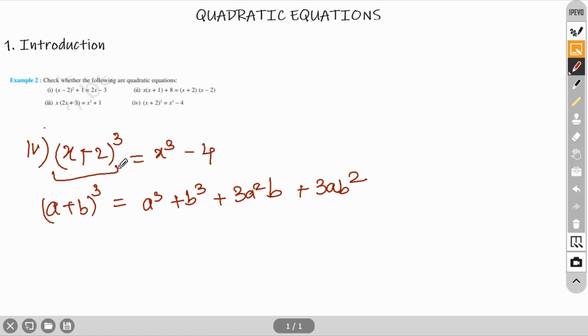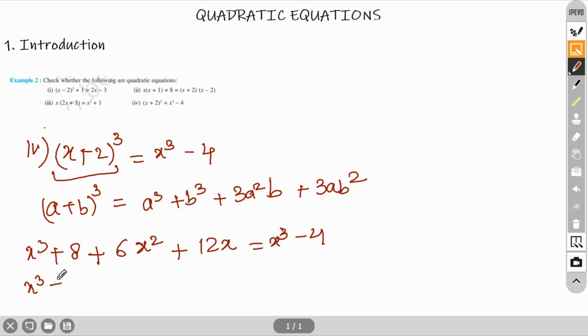Okay, so opening this bracket with the help of this identity, we'll get x cube plus 8 plus 6x square plus 12x equals x cube minus 4. Bringing the right hand side to the left hand side, we get x cube plus 6x square plus 12x plus 8 minus x cube plus 4 equals 0.